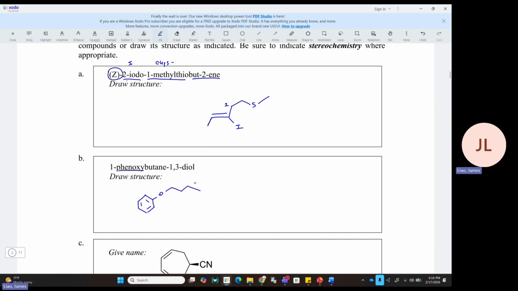That's our butane. And at the same time, we have a diol, which is part of our parent chain. So at carbon 1 and at carbon 3, we should have an alcohol group. So we're going to have an OH right here. And at carbon 3, we're going to have an alcohol right here. And that's about it. With simple substituents, a parent chain with 2 alcohols, that is the structure.